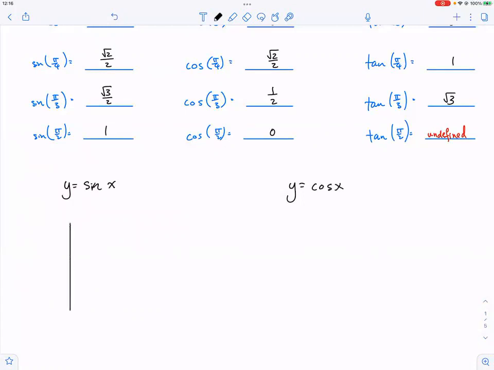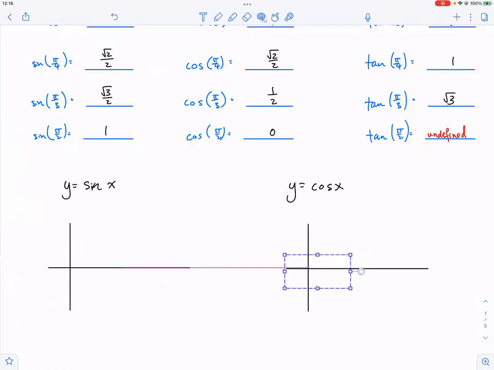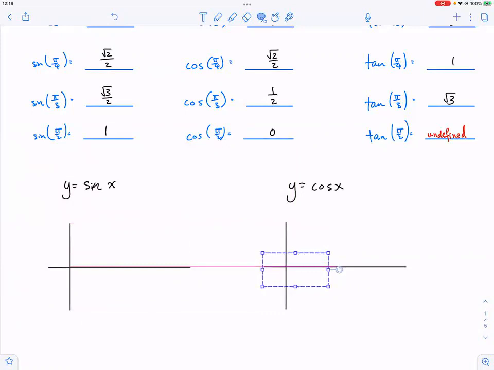Hope you still remember I told you that you should always be ready to sketch these two graphs, and these two graphs will still be very, very much relevant for these upcoming weeks. Okay, give you a couple minutes to sketch these two graphs.